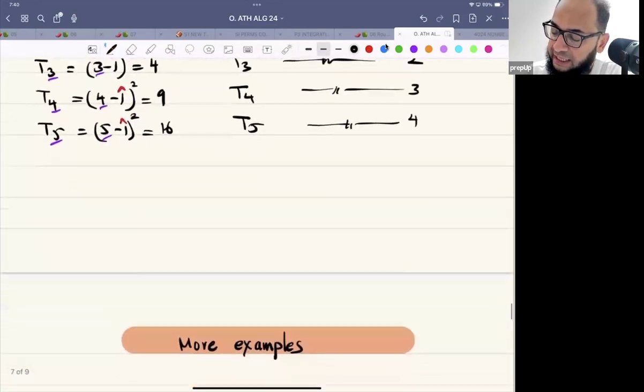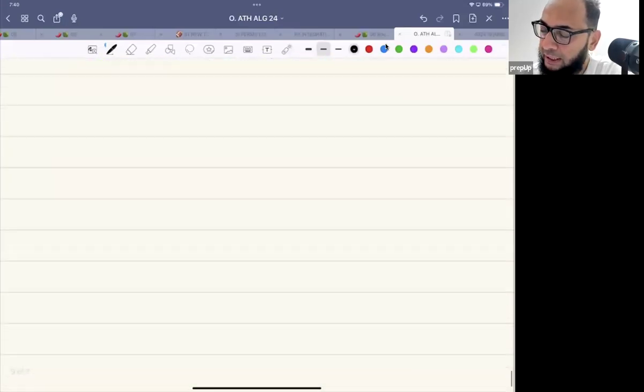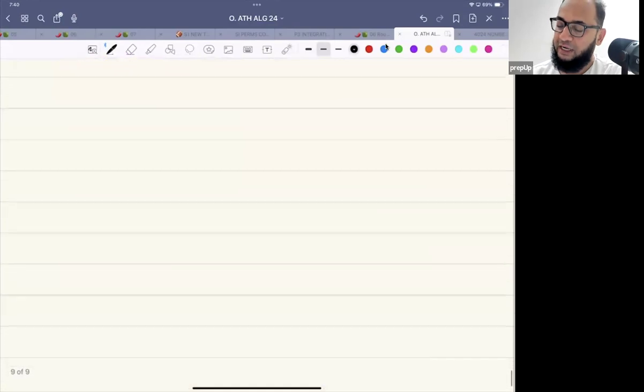So these are some examples that we have seen. And then we dealt with cube numbers and different kinds of fractions.